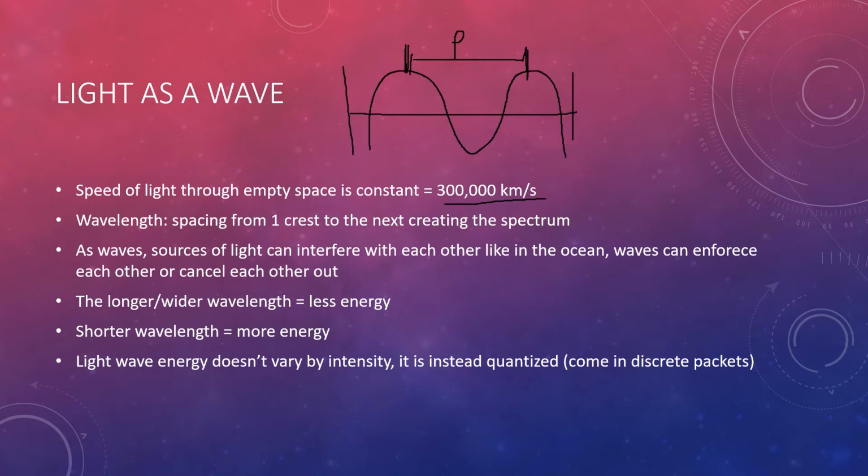Wavelength determines which part of the spectra light is. If we were to remember the spectrum at this point, the wider the wavelength, the slower or less energy it has. So remember, radio waves are very slow versus shorter wavelength, whereas let's say gamma radiation is super duper fast.